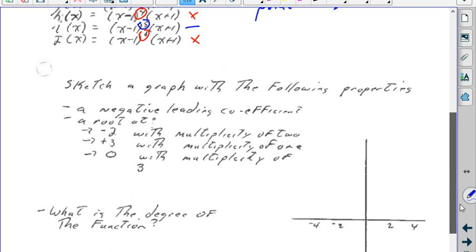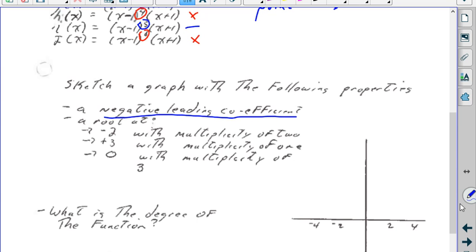So, basically, we're going to combine all of this into a sketch. Now, there's going to be an infinite number of sketches here that we could do for this. We're just going to get one. We want to know we have a negative leading coefficient.